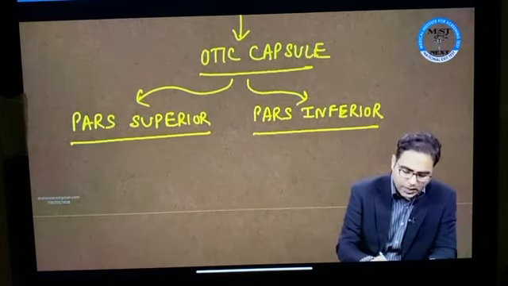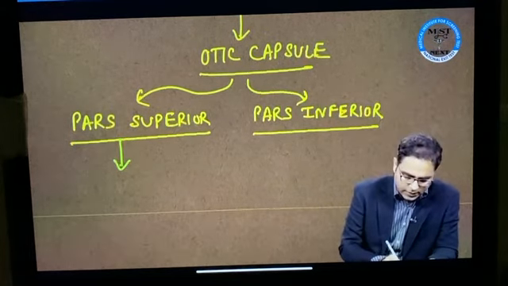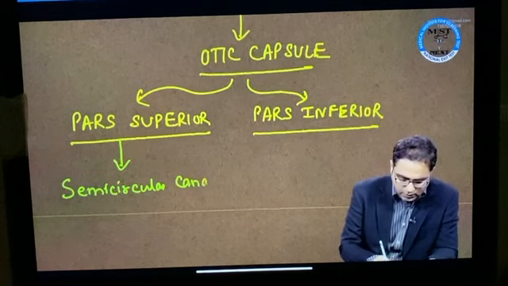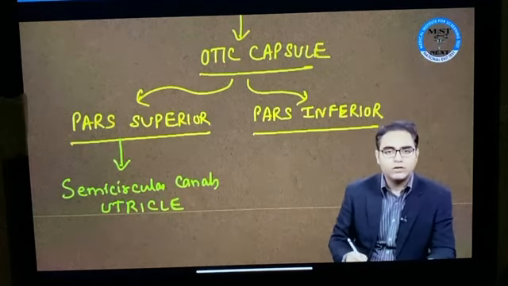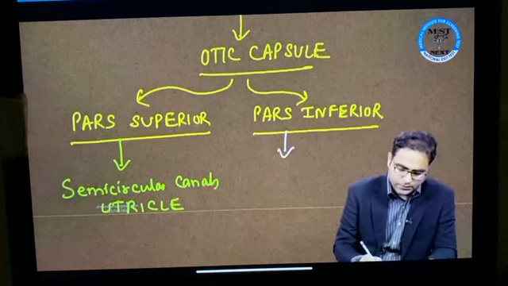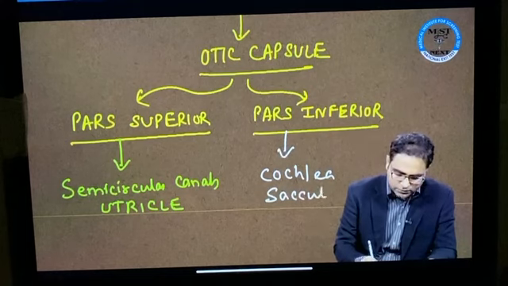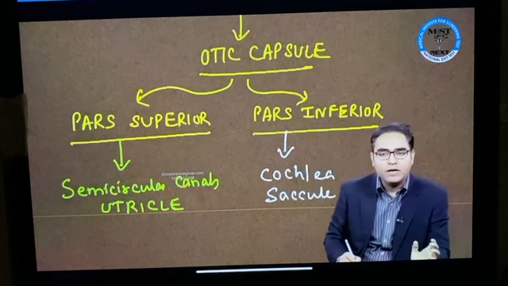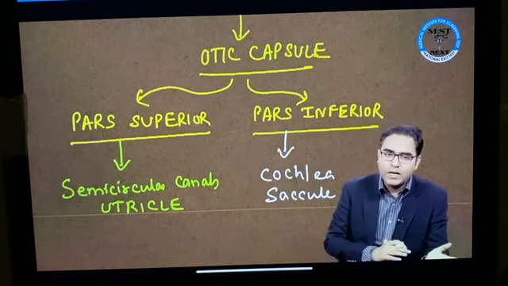Now, from the pars superior develop the semicircular canals and utricle. Two things, semicircular canal and utricle. From the pars inferior develop the cochlea and saccule. I told you the cochlea is a neighbor of the saccule, and the semicircular canal is a neighbor to the utricle. So the otic capsule makes two distinct compartments, the pars superior and pars inferior.